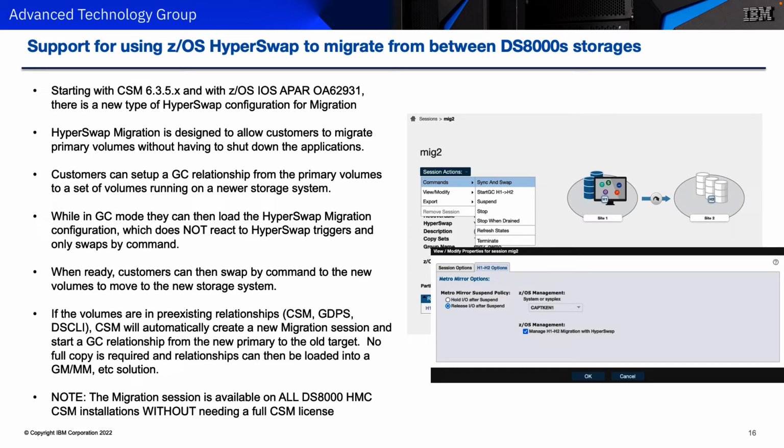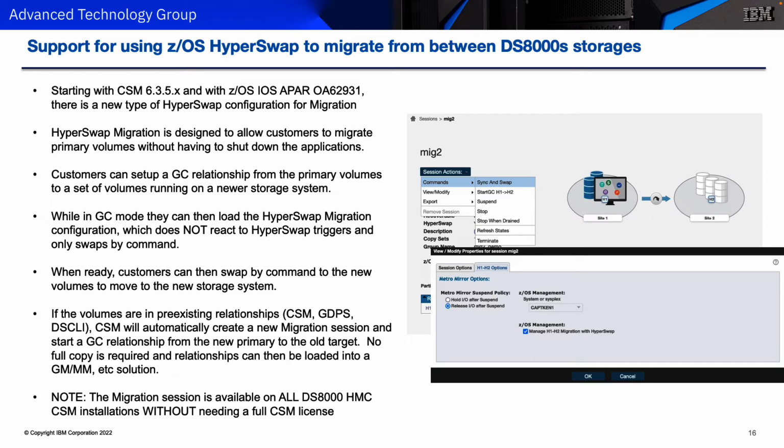So what we did is create a new type of HyperSwap configuration that is strictly for migration. What this means is it will not react to HyperSwap events at all. It will only swap when you say by command that you want to swap. Another change is that you can set it up while still in global copy mode.